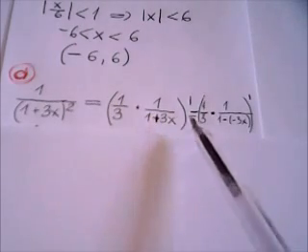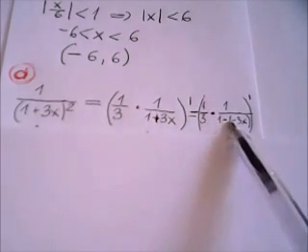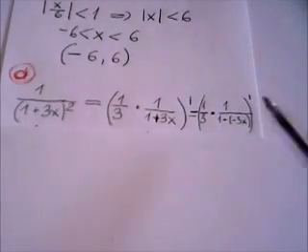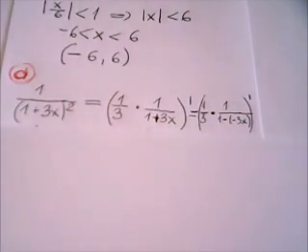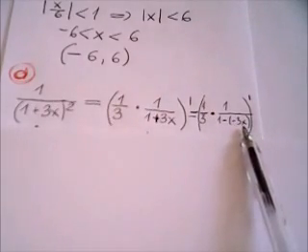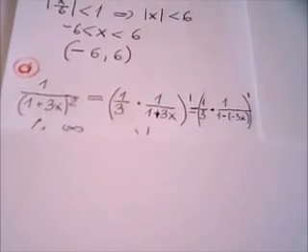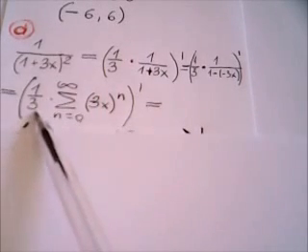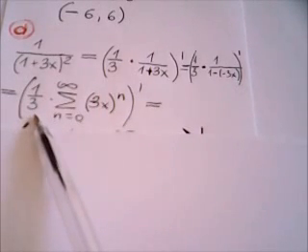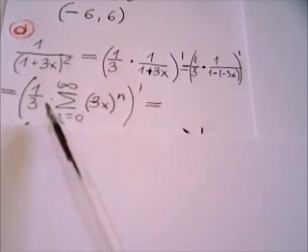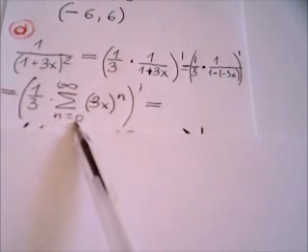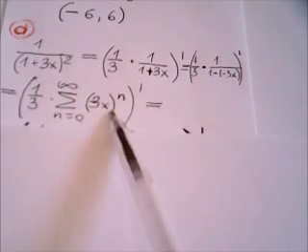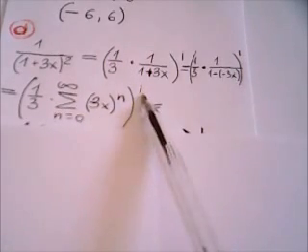Now the denominator is 1 minus bracket minus 3x bracket. We replace t with minus 3x and we can write 1 over 3 the summation from n equals 0 to infinity of minus 3x to the power n, and secondly the derivative.